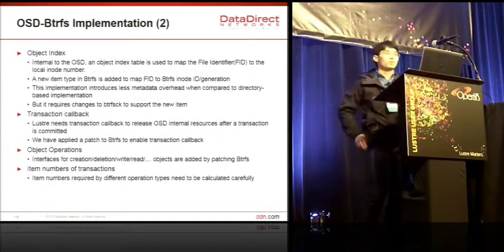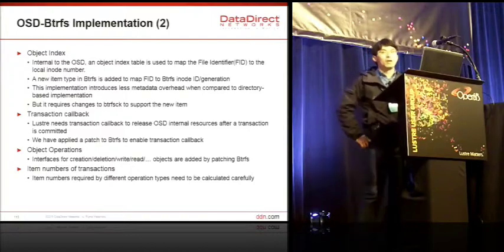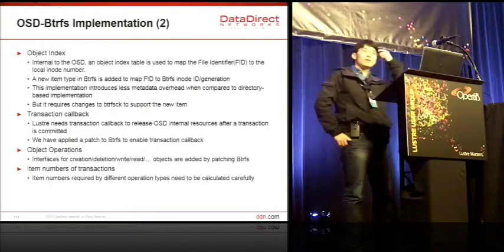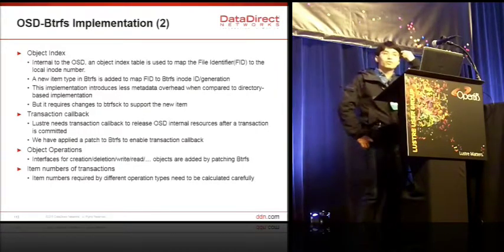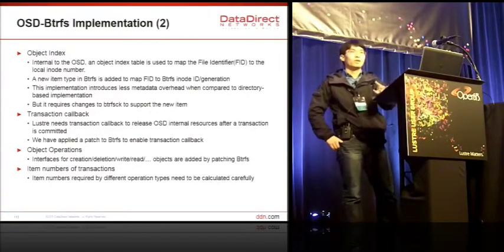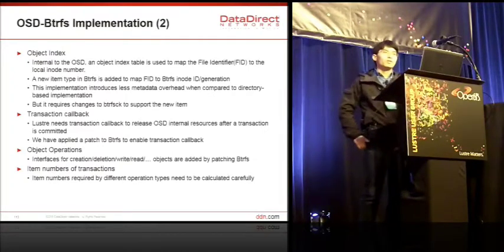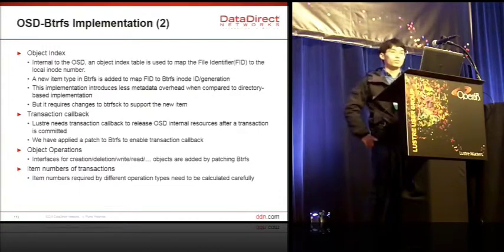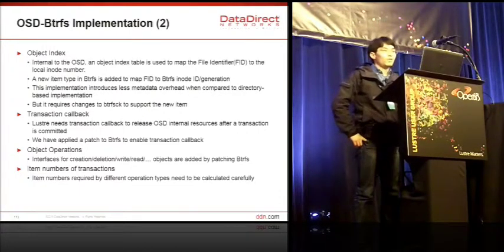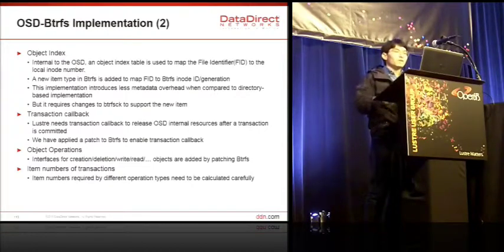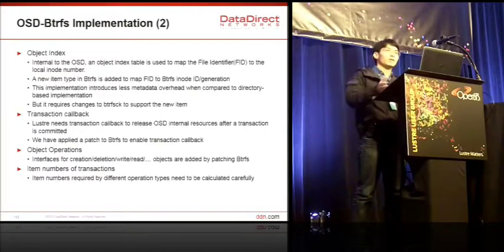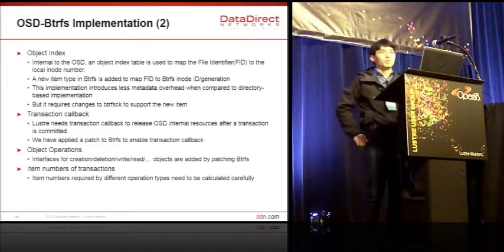Another important thing about the implementation of OSD-Btrfs is the object index. Internal to the OSD, the object index table is used to map the FID to the inode, and we added a new item type to Btrfs to map that ID to the inode. This introduces less metadata overhead than other implementations, such as a directory-based implementation.